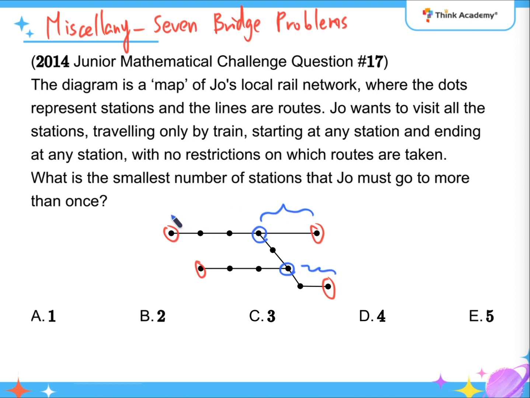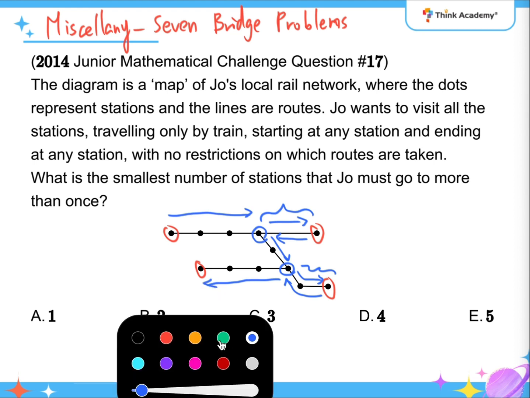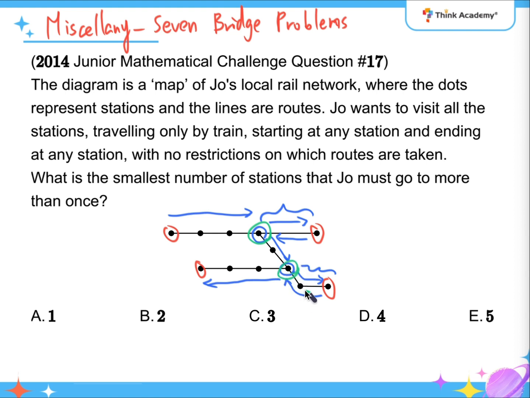So I am first going from there to there, and then from there to there, and then turning back, and then going down, and then I'm revisiting this part, coming up, finally ending my trip, which means that actually I would have revisited 1, 2, 3 stations during my trip, because the end point, well, we are just visiting it once, even if I'm turning back, right? So the answer is going to be 3.